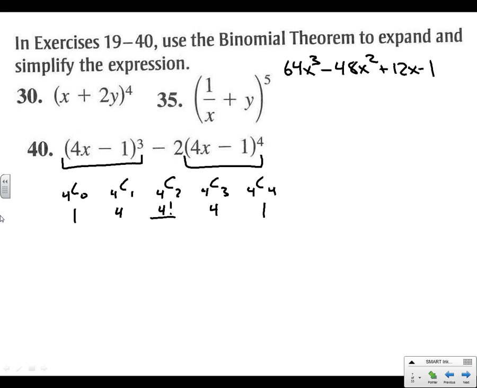And 4 factorial over 2 factorial, 2 factorial is going to be 4 times 3 over 2 times 1. 4 over 2 is 2 times 3 is 6. That's a 6. And so we will have 1, (4x) to the 4th, (-1) to the 0. And let me just fill this in all the way across.